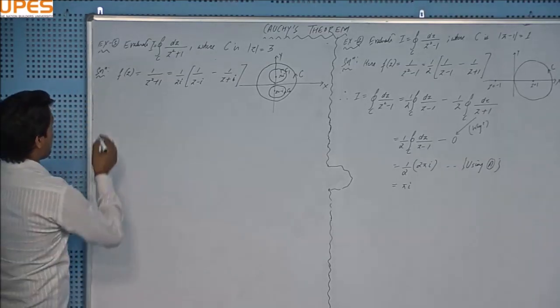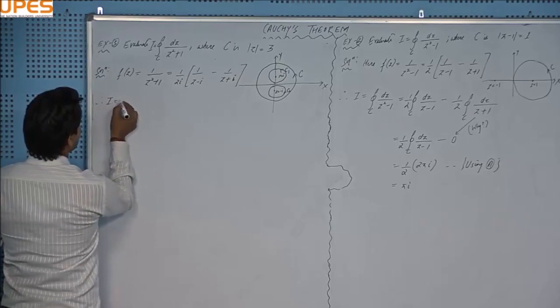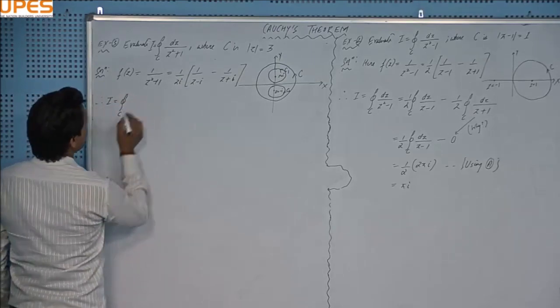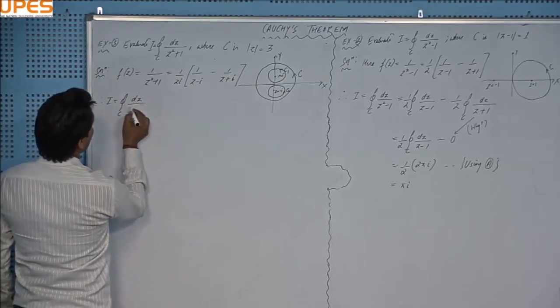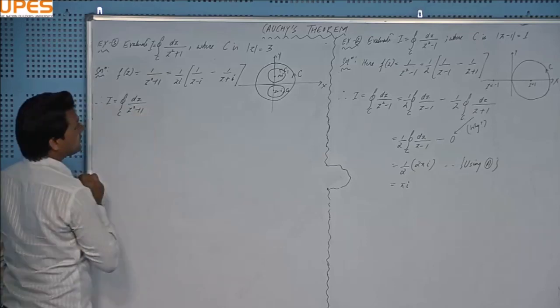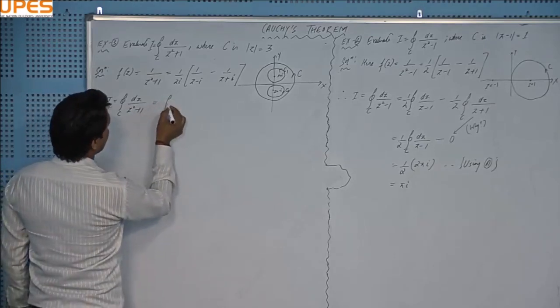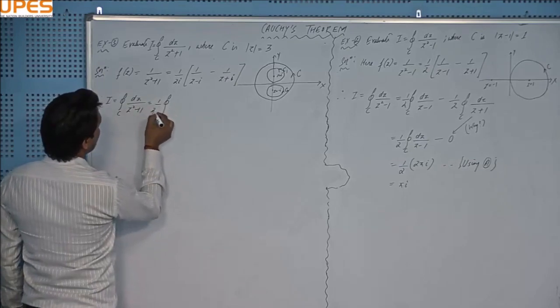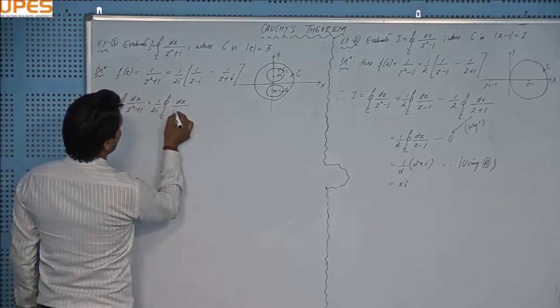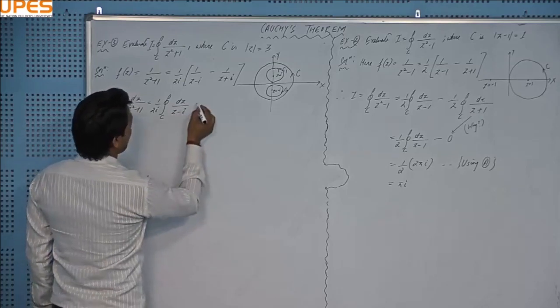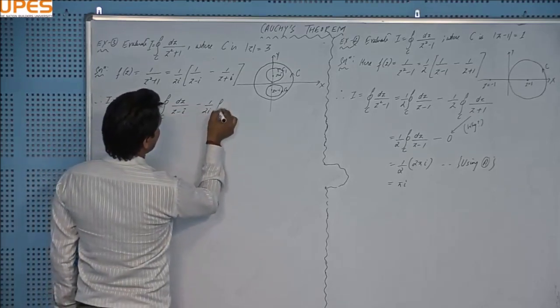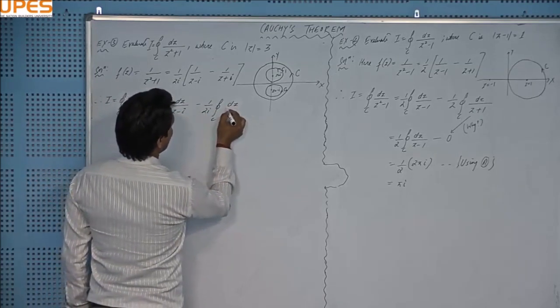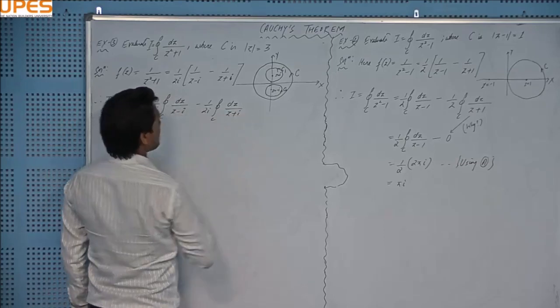Okay, now therefore I is equal to integral over C of dz over z square plus 1, which will be equal to integral over C of 1 over 2i dz over z minus i minus 1 over 2i dz over z plus i, right?